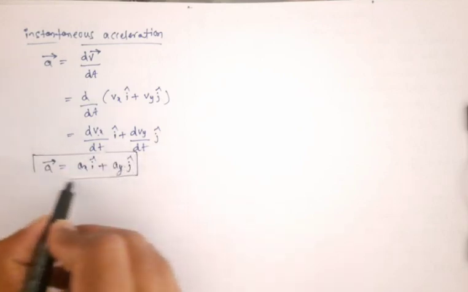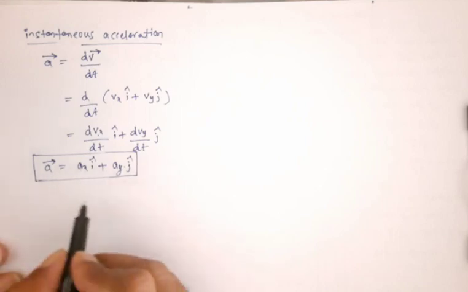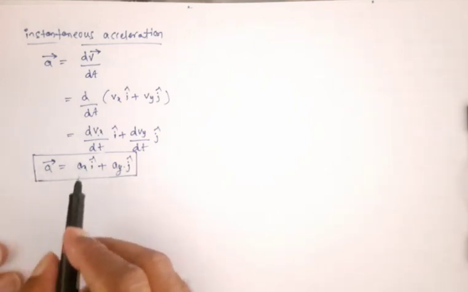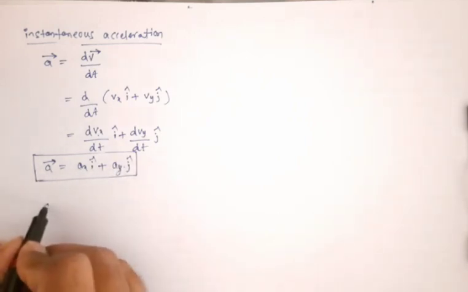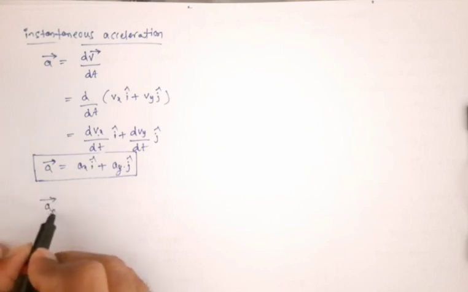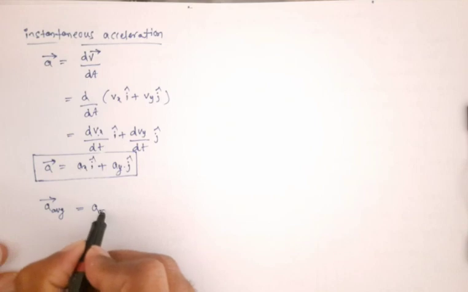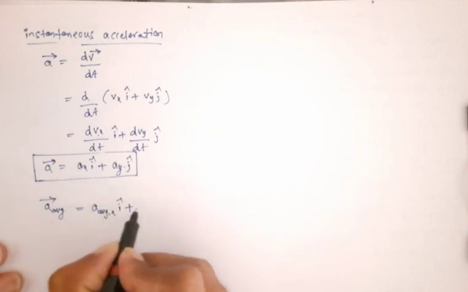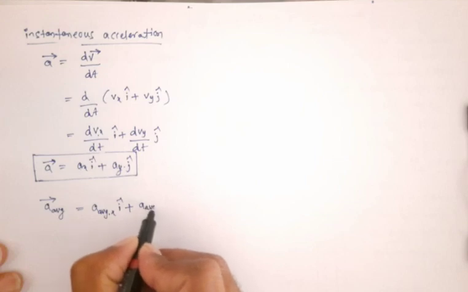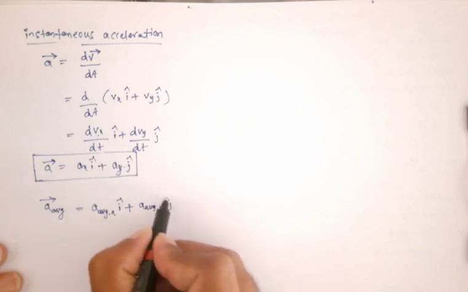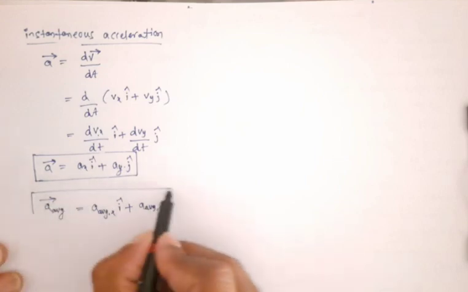Similarly, from this equation we can also write the equation for average acceleration. So if we write average acceleration, what do we write? Here we use subscript: average acceleration in x direction into i cap plus average acceleration in y direction into j cap.